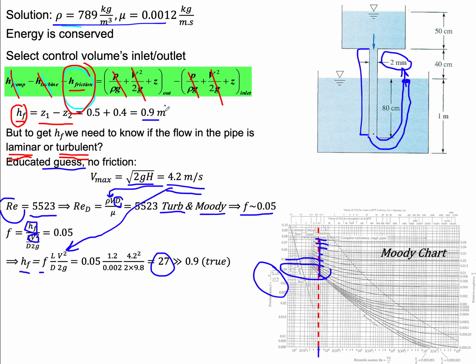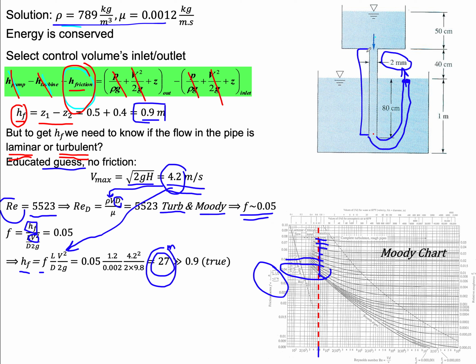That's much, much larger than the 0.9. So what does this 27 meters tell me? It tells me that if I have a turbulent flow with a friction factor of 0.05, and I'm moving at 4.2 meters per second in this pipe, at this epsilon over d, which is associated with a friction factor of 0.05, I'm going to face a friction head loss of 27 meters.